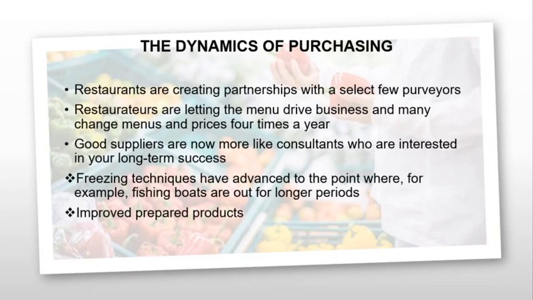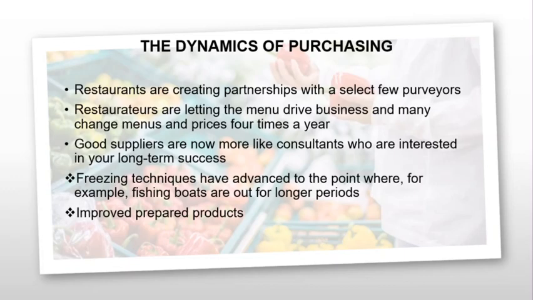Perlu ada sebab nanti you akan tengok kalau yang ni jual mahal, mungkin you akan pergi kepada yang murah, ataupun yang ni dia tak berkualiti, you akan cari yang lebih berkualiti. Macam tu lah maksudnya kan. Okay, and then restaurants are letting the menu drive business and many change menu and price 4 times a year. Jadi kenapa awak perlu ada supplier yang bagus, supaya senang you nak buat rundingan.